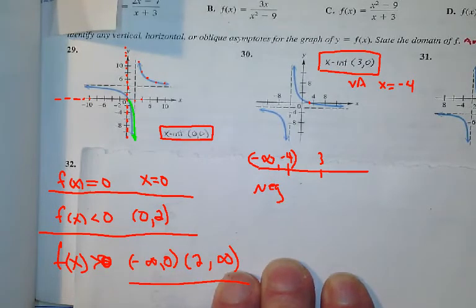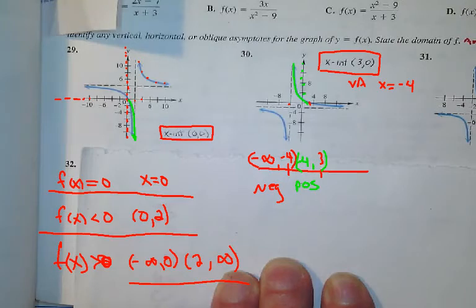And then in between -4 and +3, let's get that bright green again, I can tell that this is all positive. This whole graph from here is all positive y values. So it's positive whenever I'm in between -4 and 3. So we'll just write -4 to 3.